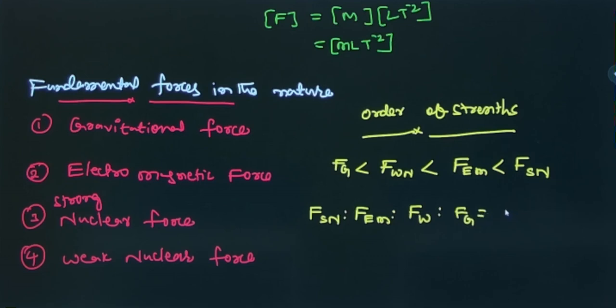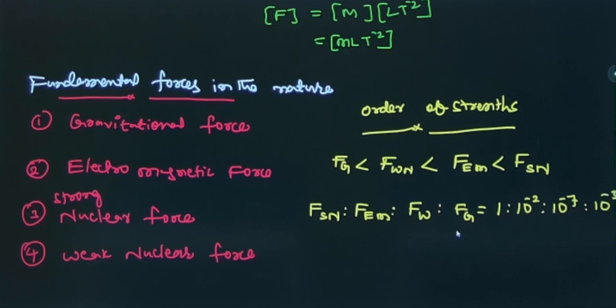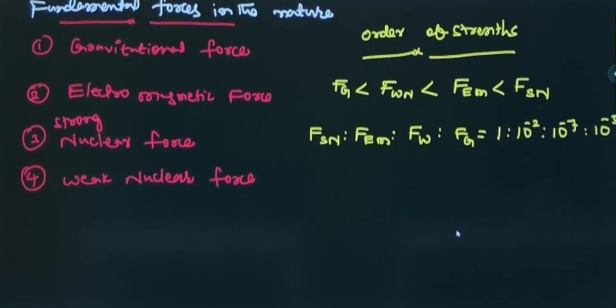If I take strong nuclear force as 1 unit, it is 1 is to 10 to the power of minus 2 is to 10 to the power of minus 7 is to 10 to the power of minus 38. You can say this is about the basic forces in nature.